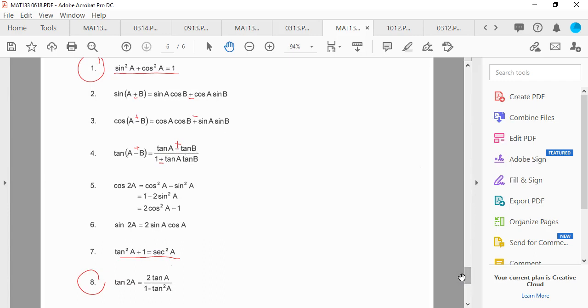What you need to do is just turn to the page, then modify the respective things. And don't forget to add one more: you need to divide with sine square, and from here you are able to get 1 plus cotangent square equals 1 over sine square, which is cosec square. You just need to modify. So that's overall for the introduction on the trigo identities.